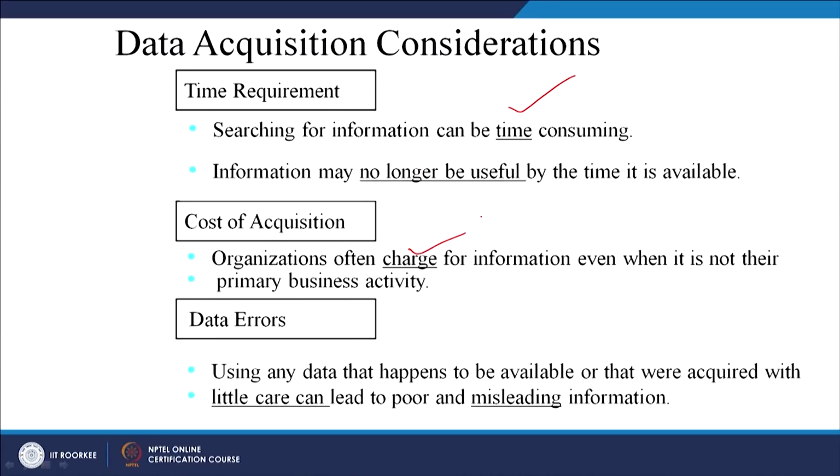So, there are some syndicate services. These are the companies which collect data and create a pool of data. So, if you want data from that company, you can get data by paying some charges, right. So, cost of acquisition is there, and of course, data errors, try to minimize data errors.